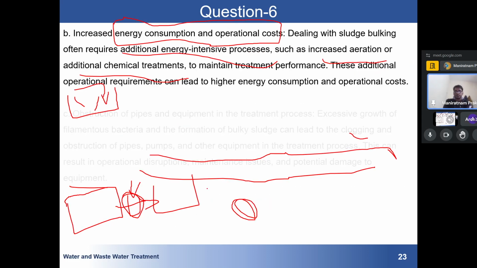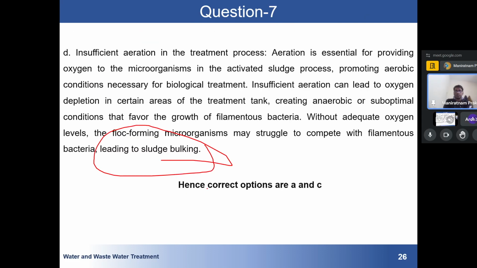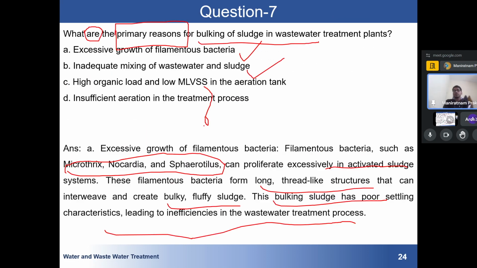The question was about the primary thing. That's why the answer is A and C. If similarly they had asked what are the different reasons for sludge bulking, then I would have marked all of the above, A, B, C, D.